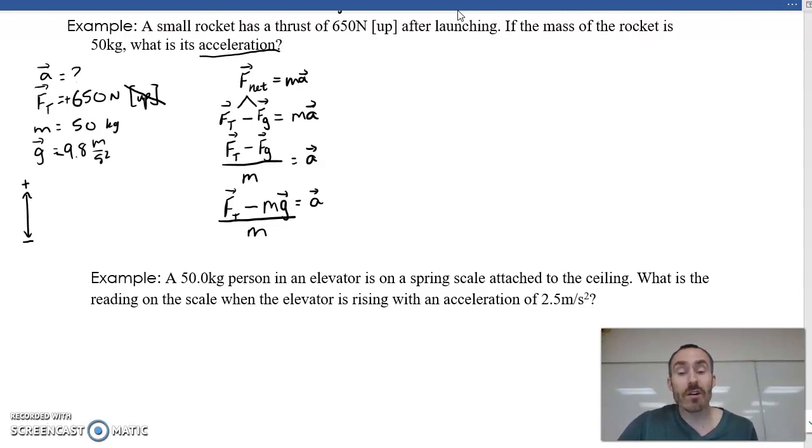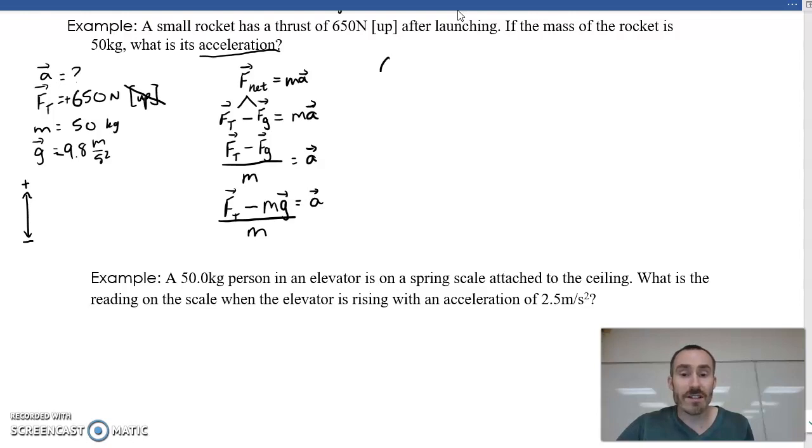So now if we look at all these pieces, we know that the force of thrust is 650 newtons. We know the mass of the rocket is 50 kilograms. We know g is 9.8. We know the m on the bottom is also 50 kilograms. And so we've filled in all the pieces that we need to solve for that acceleration. So now we can throw in our numbers and just do some algebra to finish that solving.